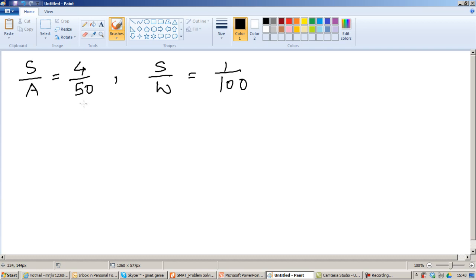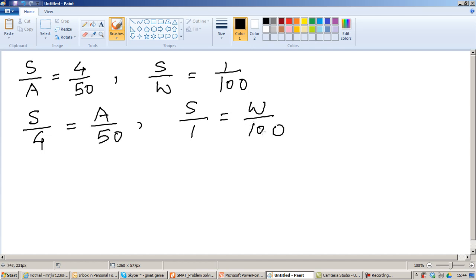So if we have to convert it into a ratio, it will look like this. This one becomes S upon 4 equals A upon 50. Similarly, this becomes S upon 1 equals W upon 100, right?